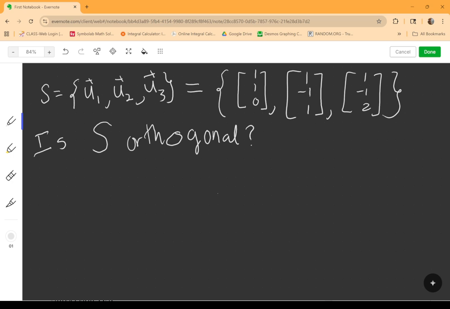Okay, so the way you check this is you just go pairwise: u1, u2, u2, u3, and u1, u3. These are all the possible combinations. Remember, u2, u1 is the same as u1, u2.